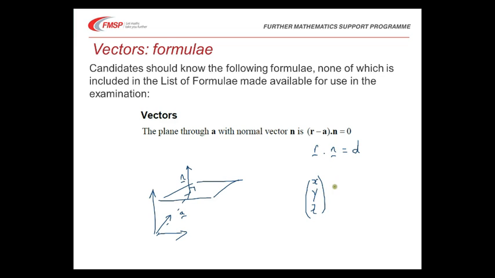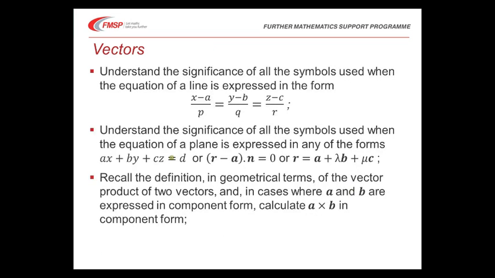So if we do that dot product we will get a single value, and that takes us right back to here, ax plus by plus cz. You can see from this a, b and c are the components of our normal vector.